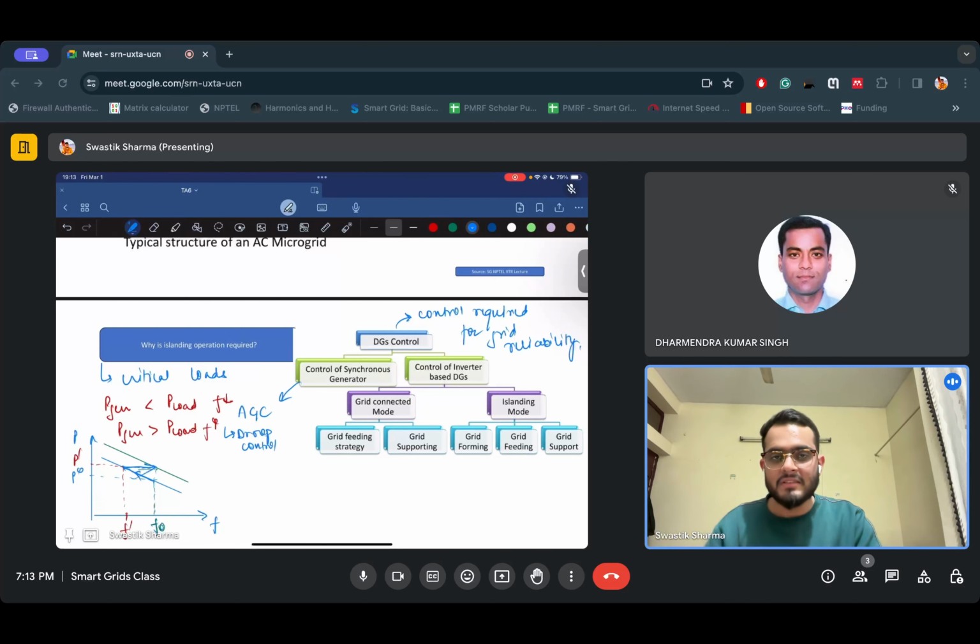But your inverter based DGs are controlled using the inverters that are connected to the DGs. These inverters are of different types. For grid connected mode, there are two kinds of strategies: grid feeding converters and grid supporting converters. And in islanding mode, you have grid forming, grid feeding, and grid supporting converters as well.